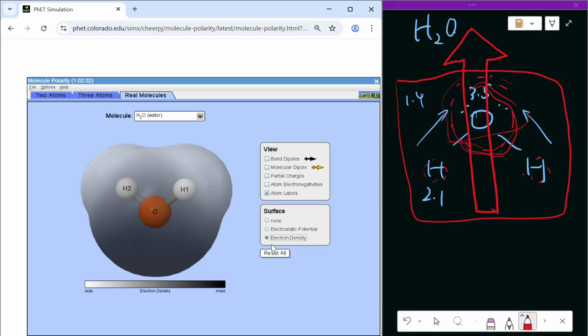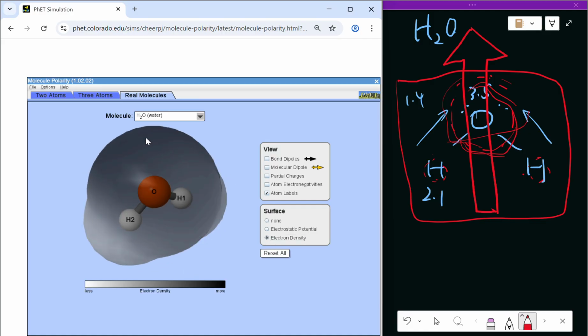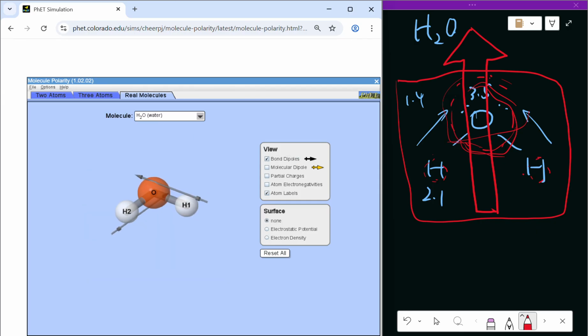And we can see this reflected right here. The shading on the oxygen side is much darker than the 2 hydrogen sides, which shows how electrons are more likely to stick to the upper oxygen atom rather than the 2 hydrogen atoms on the bottom. And the 2 bonds are clearly polar, and they're all pointing towards the oxygen atom. And this could also be calculated by finding the difference in the electronegativity gradings.